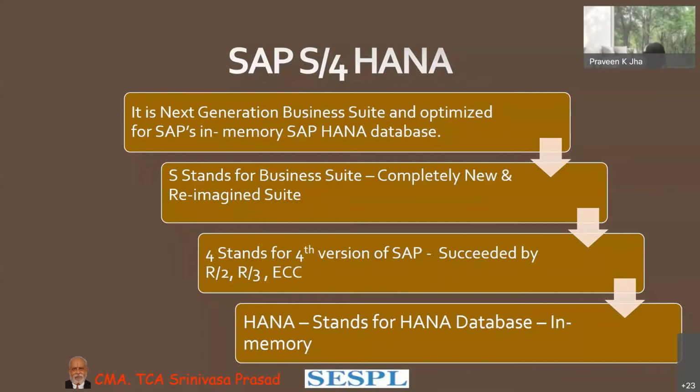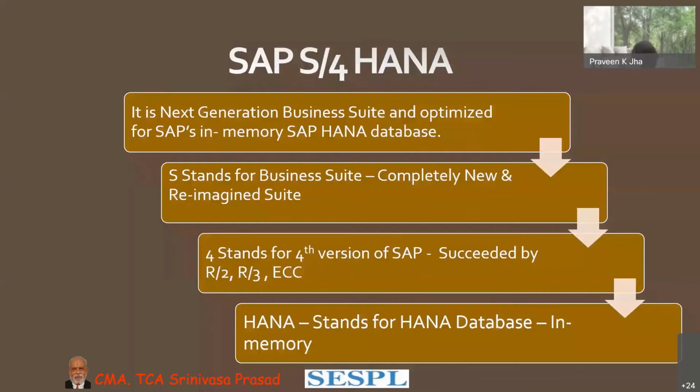And the second thing is: what is in-memory? Earlier we were using total tables and index tables like that. These things are totally obsolete in the S4 HANA system. SAP has removed all the total tables and index tables which we used in the R3 system or ECC system.